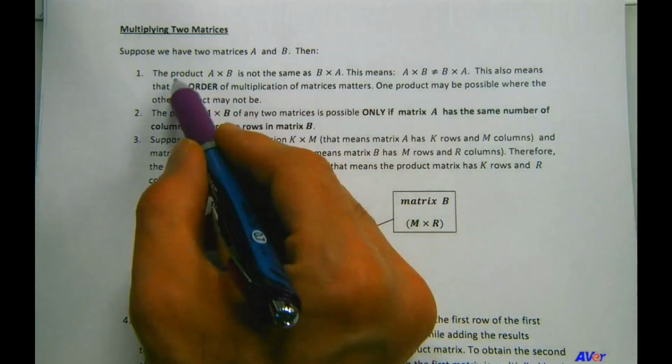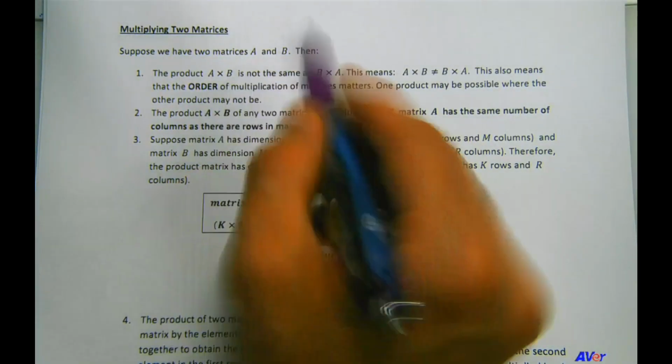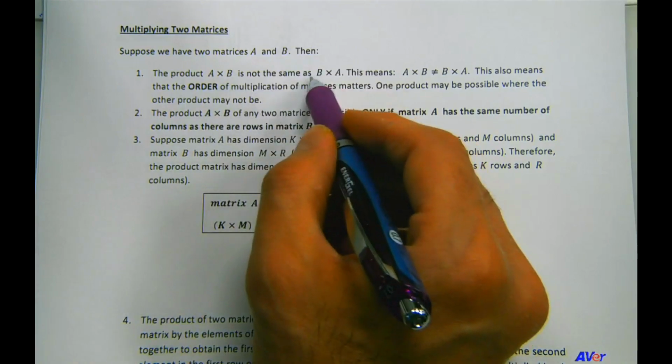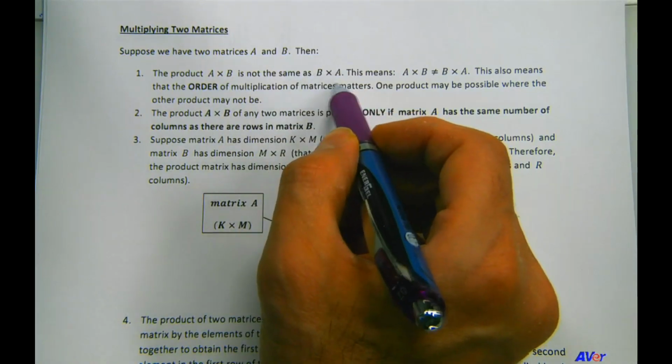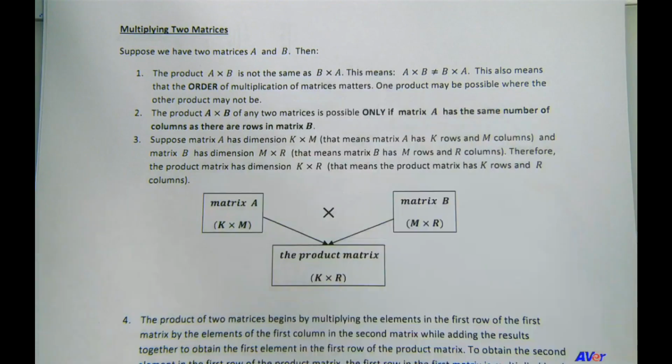The product of two matrices A and B is not the same as multiplying B times A. This is very important for you to understand, because in basic algebra, in regular mathematics, when you multiply two numbers, 2 times 5 is the same thing as 5 times 2.